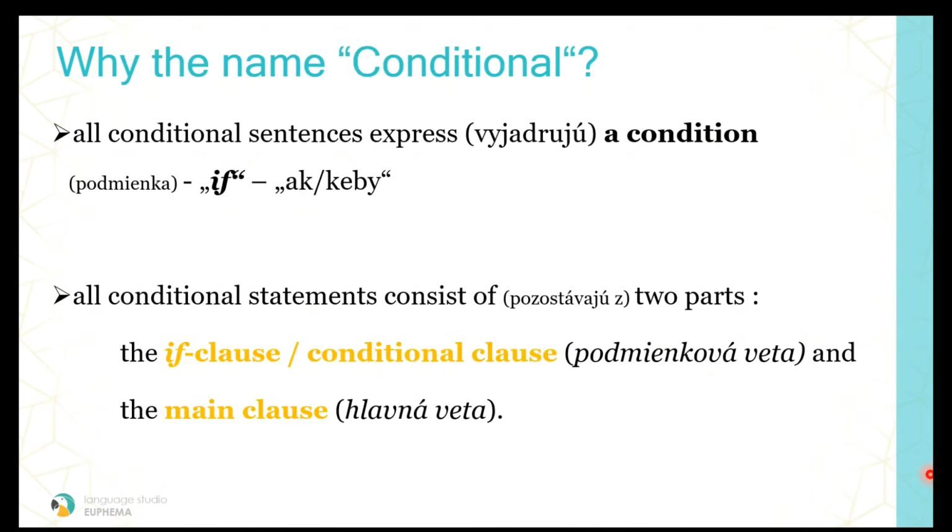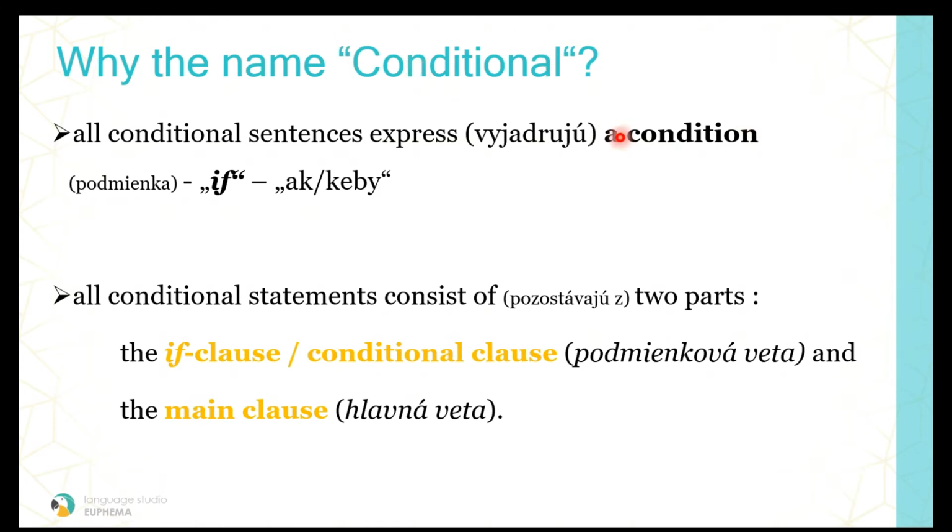Maybe you're asking why the name conditional. As a matter of fact, in English, we've got 4 conditionals. It's zero conditional, first, second, and third conditional. Right now, we're learning about the second conditional, but no matter which conditional you're talking about, there is always this word if, and all of those conditional sentences express a condition, and that is why they are called conditionals.